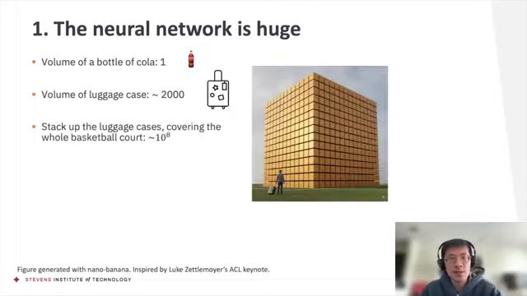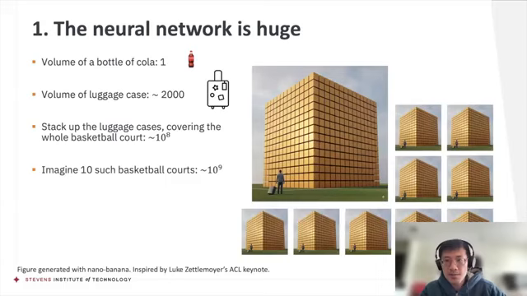And imagine a basketball court filled with luggage cases, stacked up 100 layers high. Then the number would be around 10 to the power of 8. But this is still not 1 billion yet. We need to consider 10 such basketball courts. And now we have 1 billion units of volume. So this is the size of the parameters inside a neural network.